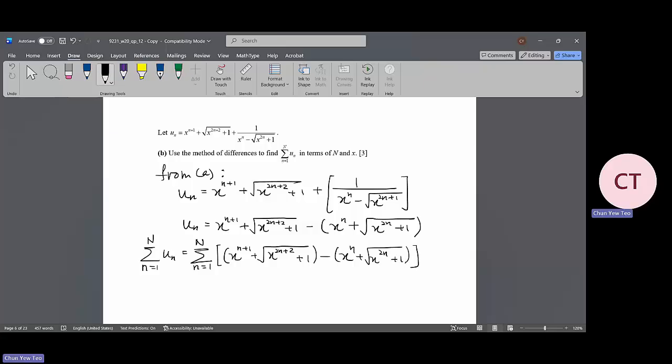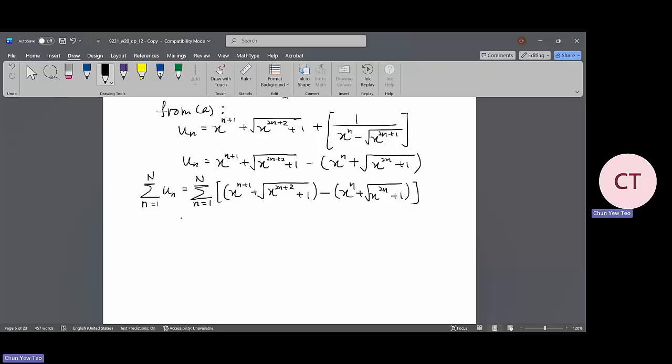Then by replacing n equal to 1, you get x squared plus square root of x^4 plus 1 minus x^1 plus square root of x squared plus 1. That is the first term when n equal to 1.